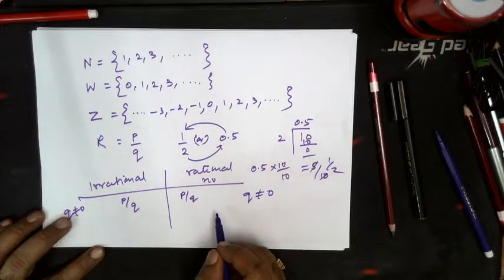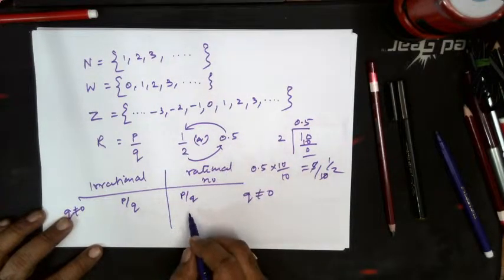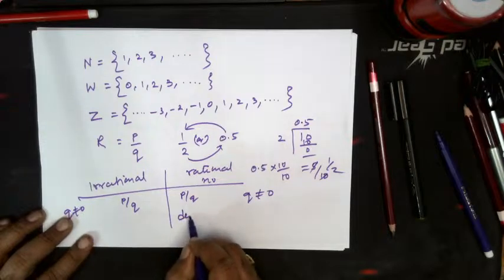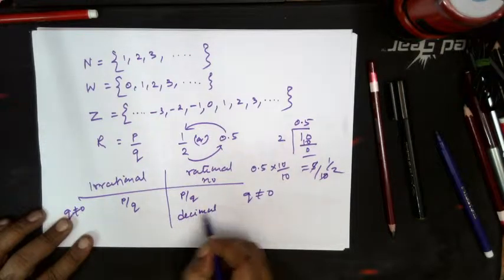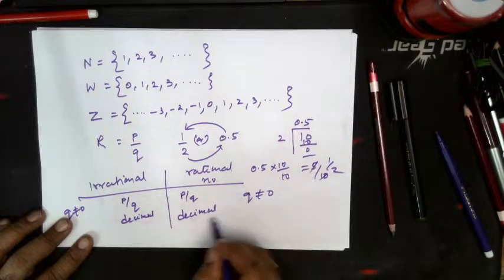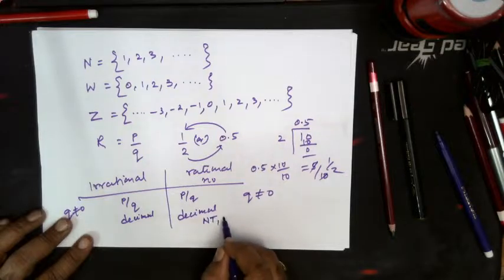Secondly, a rational number can be a decimal. This is also a decimal. But this decimal here may be repeating, non-terminating, but recurring.